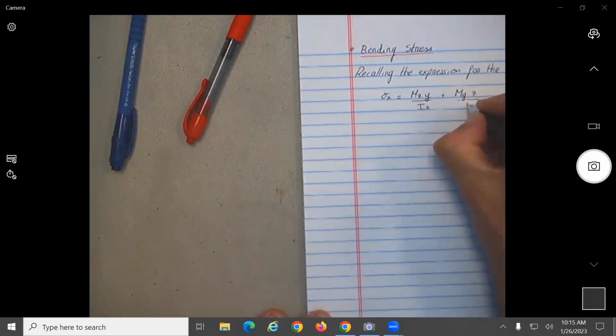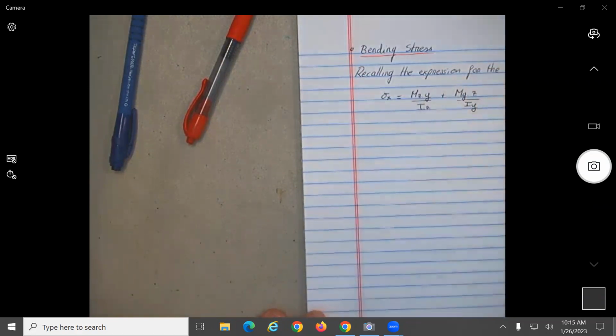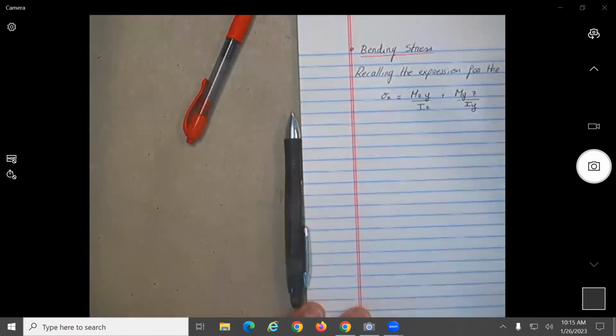My z divided by Iy, no? So remember, I told you before, the sign is to be determined by inspection. I don't want you to apply one equation straightforward. So you remember what would be the sign?